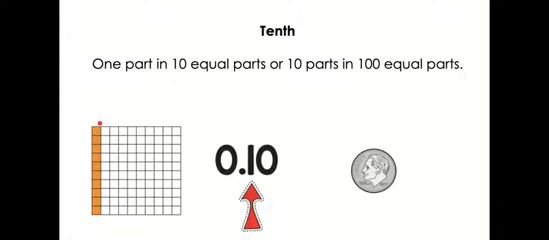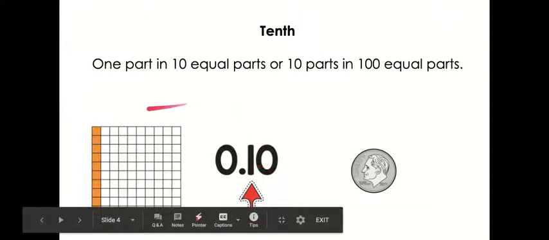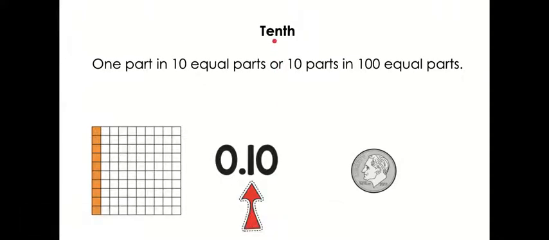So that's 1 part out of 10. And you'll notice this is how you write it. You can also say that this is 10 of these little ones out of 100 little ones. And again, you would write it this way. The way you would say it is a tenth. So tenth is spelled with like 10, and it has a TH at the end.